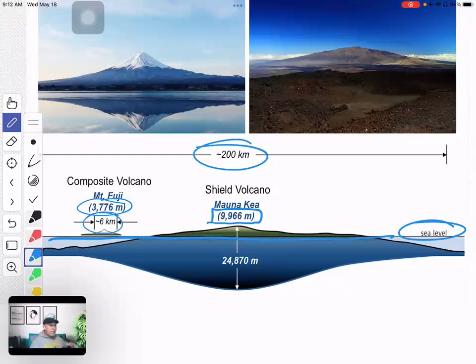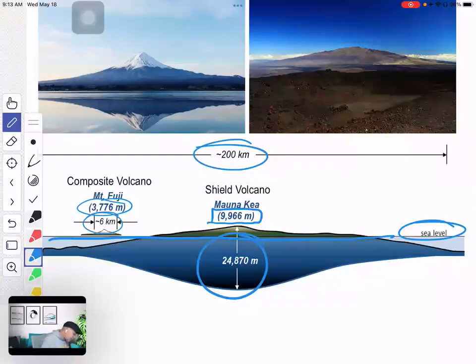But in fact, because Hawaii is an island, Mauna Kea was growing from the bottom of the ocean, which is thousands of meters below sea level. So if you add all this size from the bottom of the ocean up to sea level, you add almost 15,000 meters to the size of Mauna Kea, which makes it the largest mountain on the planet, taller than Mount Everest.